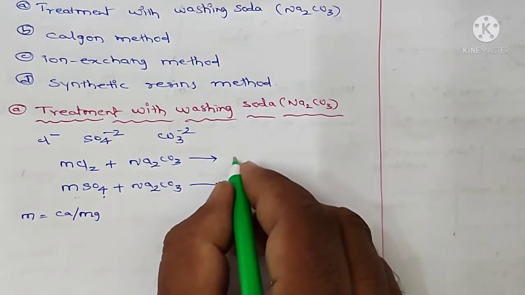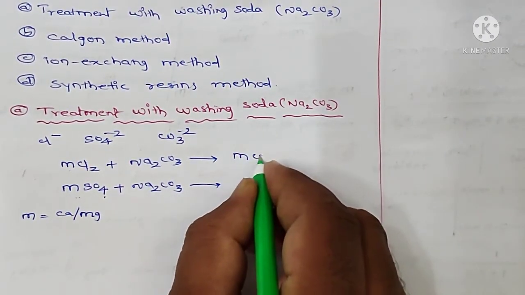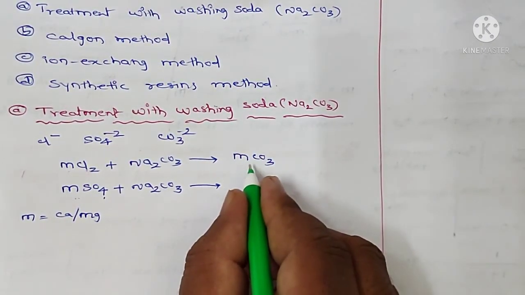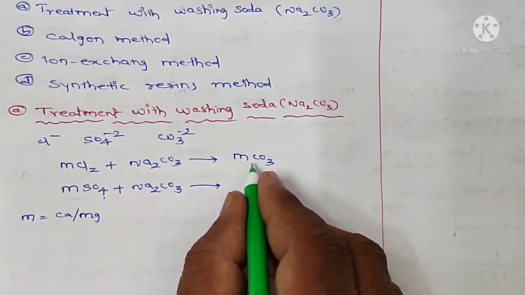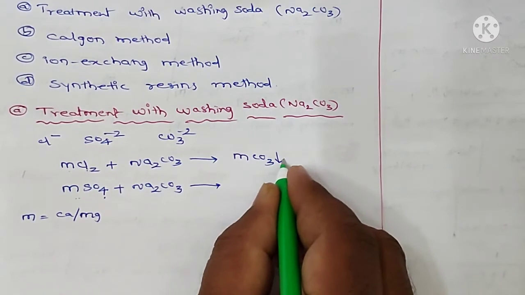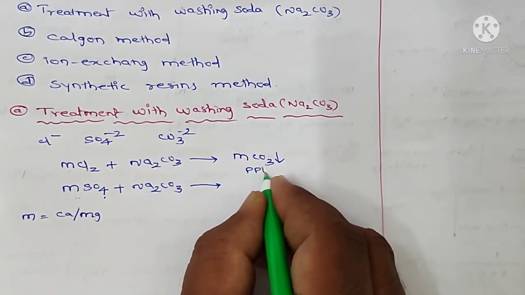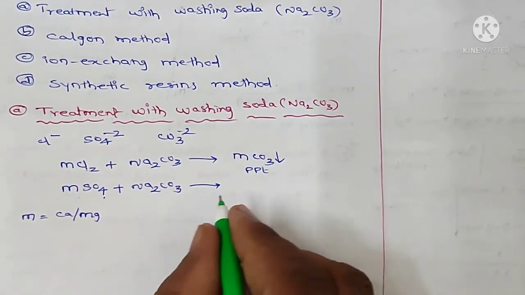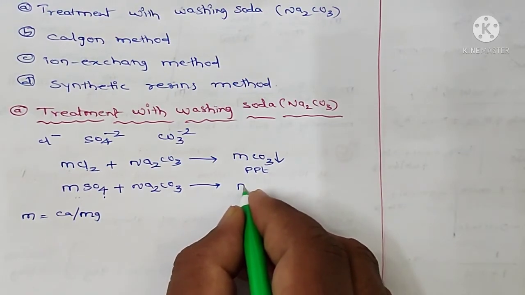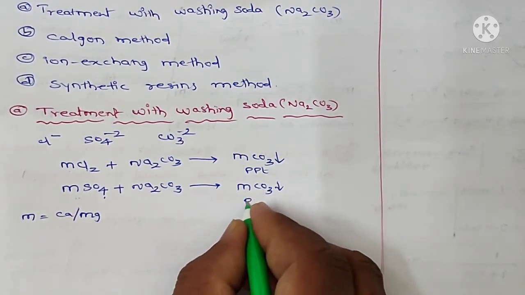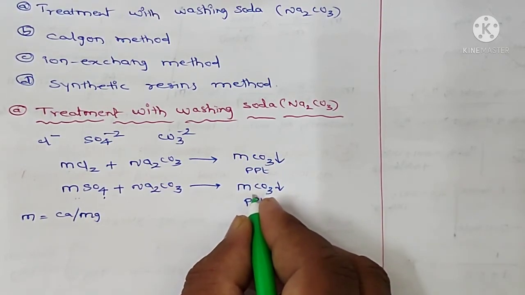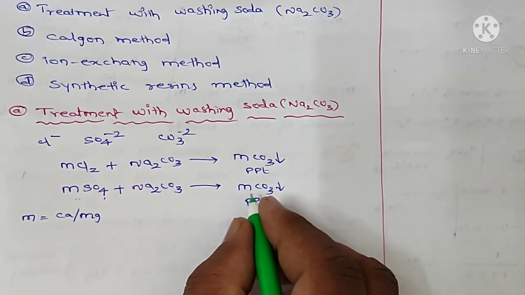So here we will get MCO3, means it may be calcium carbonate or magnesium carbonate. This is the PPT, precipitate. And here also we will get carbonate, MCO3. It may be magnesium carbonate or calcium carbonate.